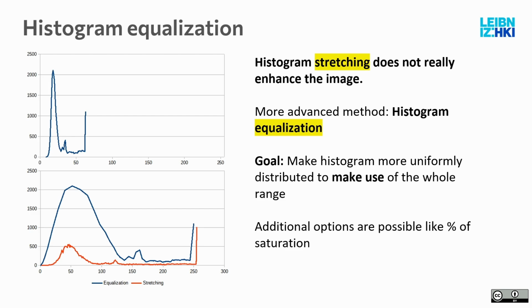Many of these tools that implement histogram equalization also have some additional settings, like a percent saturation that you will see in the tool. When you are doing exercise 1, you will actually use this histogram equalization from ImageJ.